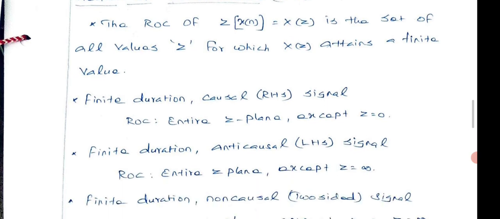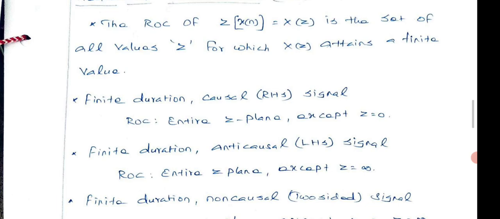For a finite duration sequence, similarly causal, that is a right-sided signal, ROC will be the entire z plane except z equal to 0. Except z equal to 0, for the remaining values we will get a finite answer.